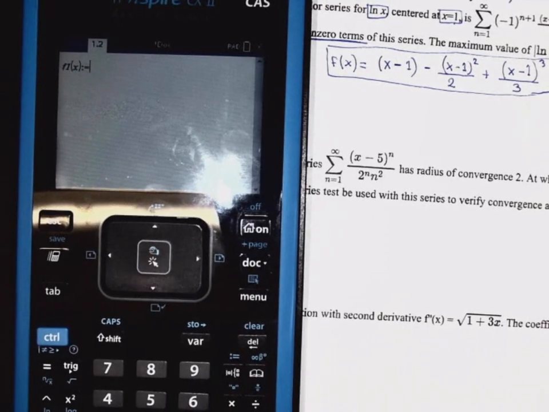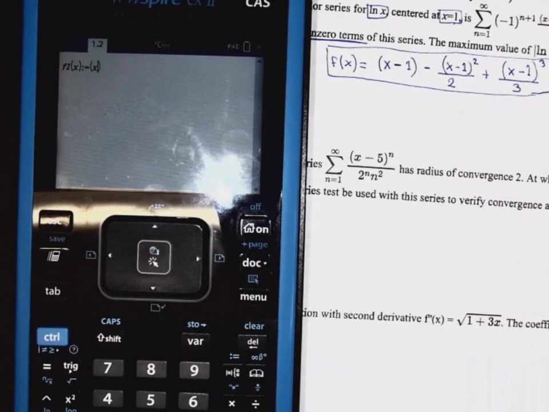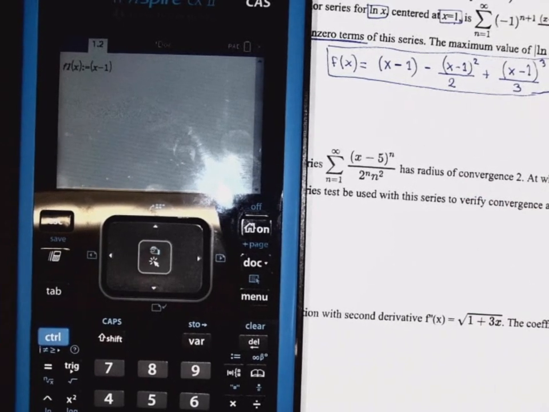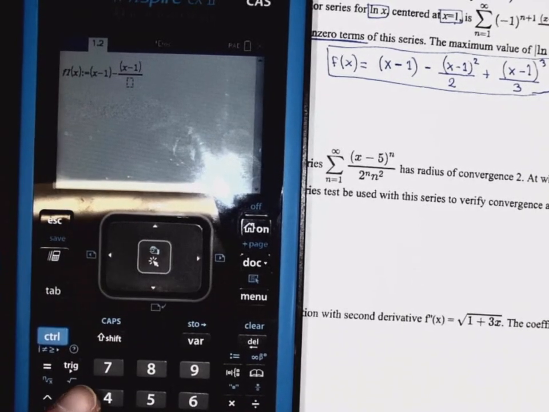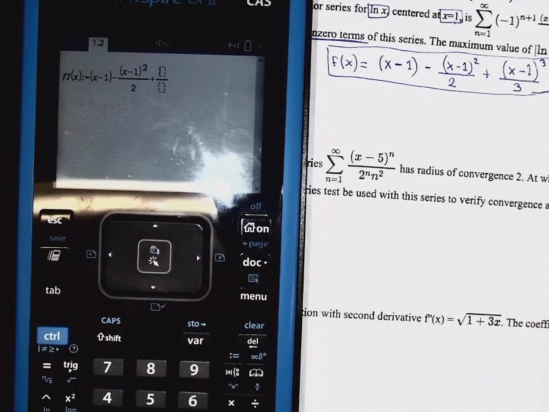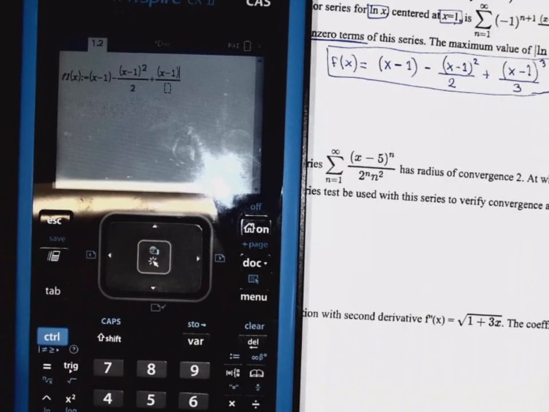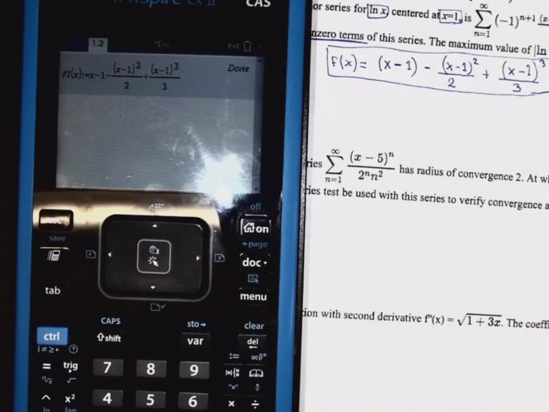That means define this function, and the function I have is x minus 1, minus (x minus 1) quantity squared all over 2, plus (x minus 1) quantity cubed all over 3. Enter, and my calculator tells me done, meaning it defined the function. Now I can enter anything I want into f1, and it's going to use the one I came up with.